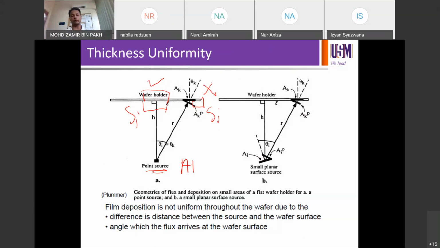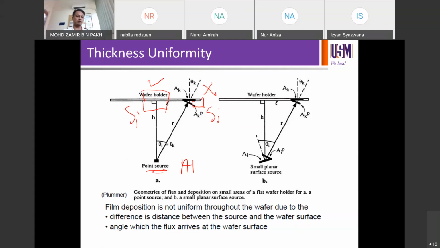You'll probably experience thinner aluminum on the sample that's away from the center, and you might experience thicker aluminum deposited on the center, right on the line of sight. So film deposition is not uniform throughout the wafer due to the difference between the distance of the source and the wafer.